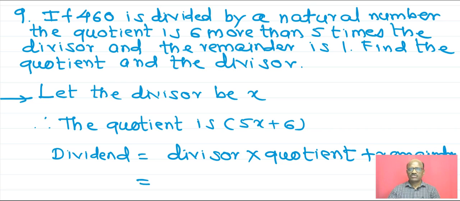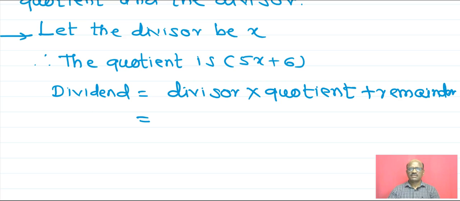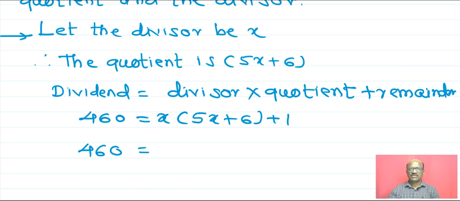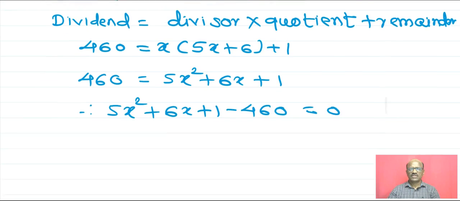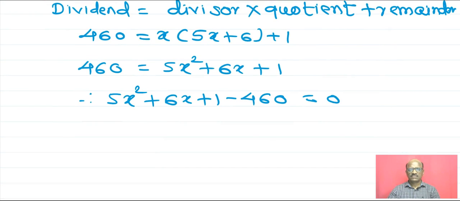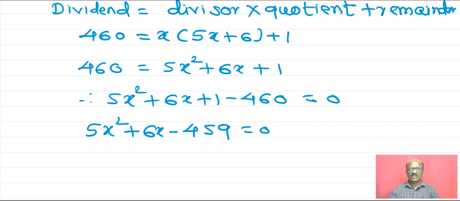Therefore, dividend is equal to divisor into quotient plus remainder. Therefore, 460 is equal to x into 5x plus 6 plus remainder 1. 460 equals 5x square plus 6x plus 1. Therefore, 5x square plus 6x plus 1 minus 460 equals 0.